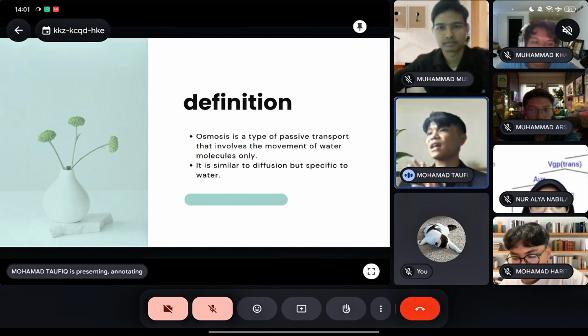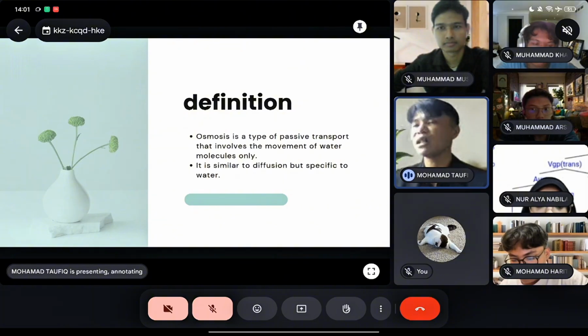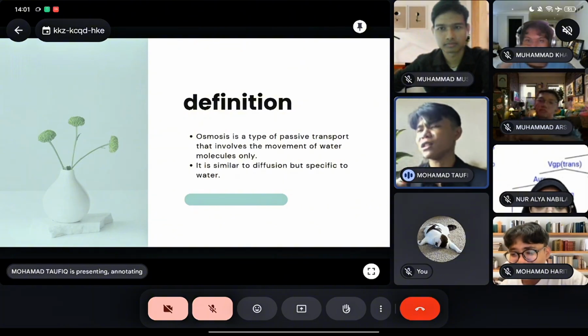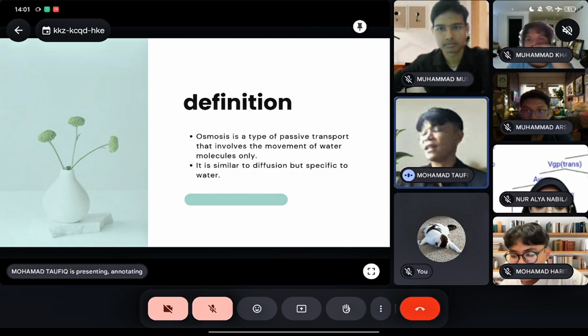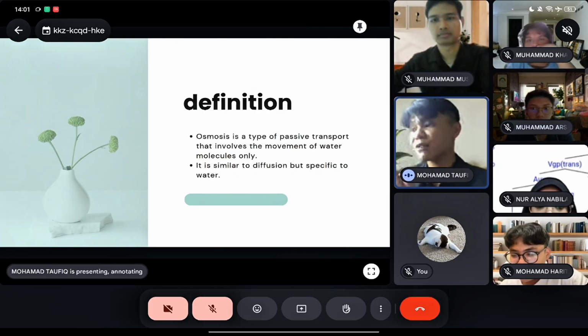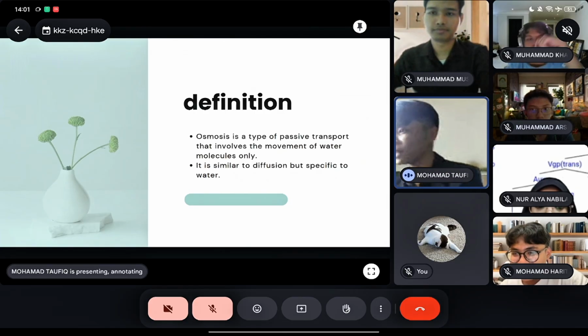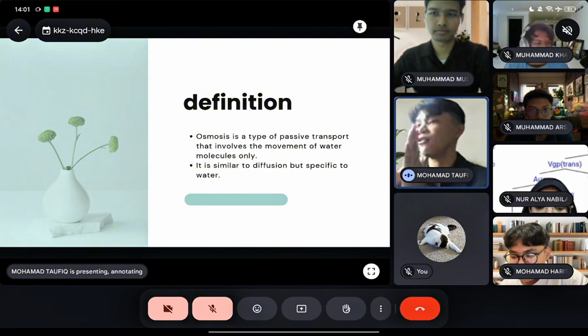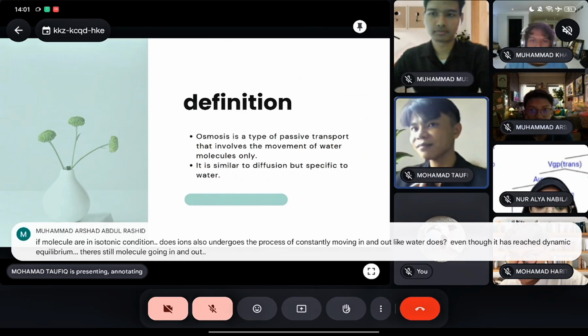It has its specific transporter of its own, like for going to Johor we use only, for example, SC Express. So there are specific transporters from one place to another. That is facilitated diffusion. Does that answer the question, Arshad? Yeah, I think so.